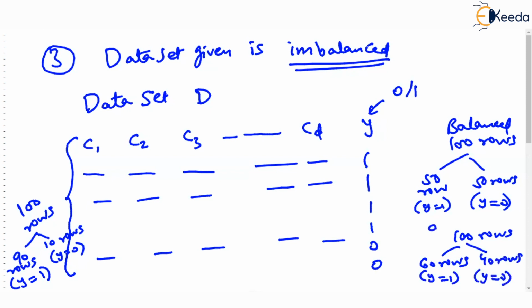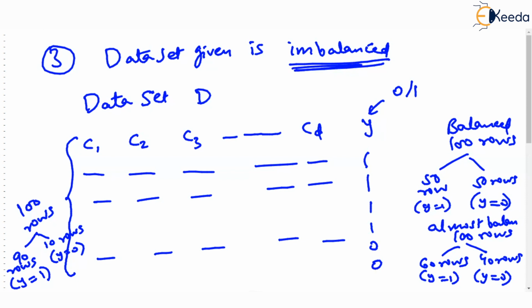Then this is almost balanced. Accepted. This also is accepted. Correct? But 90 versus 10, only 10% of rows belong to output 0 and 90% of the rows belong to output 1. Then this is a very severely imbalanced data set.